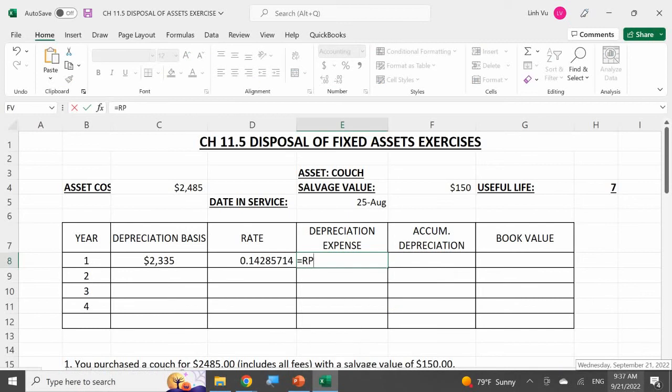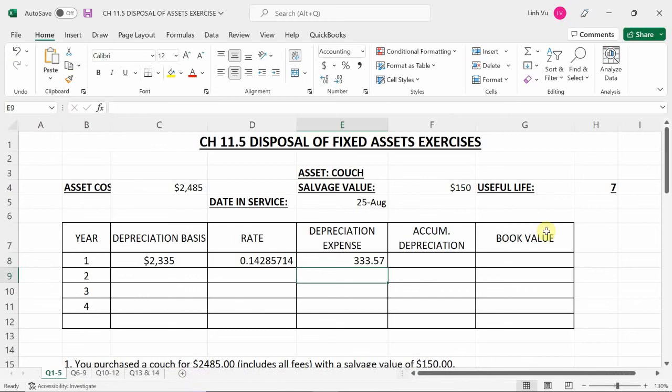I'm going to use my equal round so I can get a rounded number. I got 333.57.